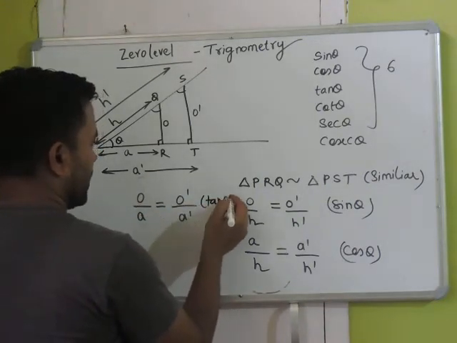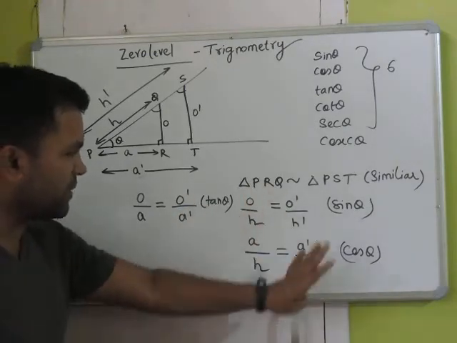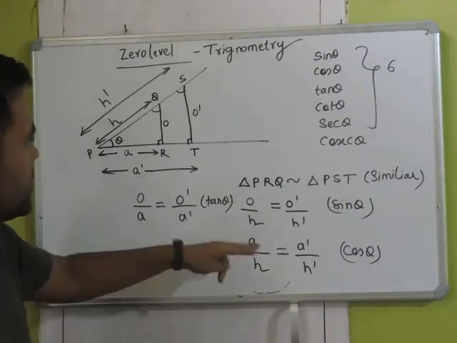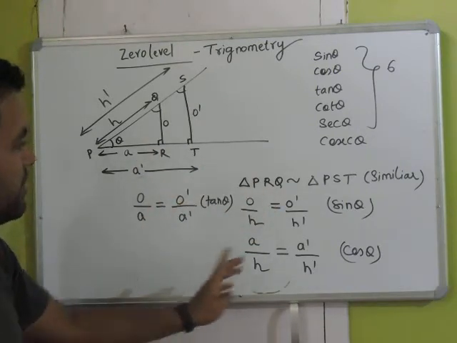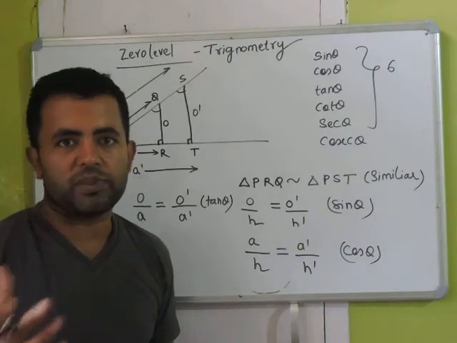Okay, so in simple sense it comes from this, that sin theta is this, cos theta is this. So this ratio, because they are similar, it's the same, so this is a simple way to introduce the trigonometrical function.